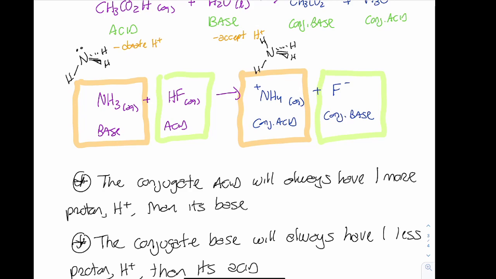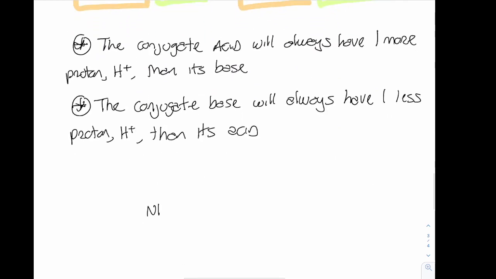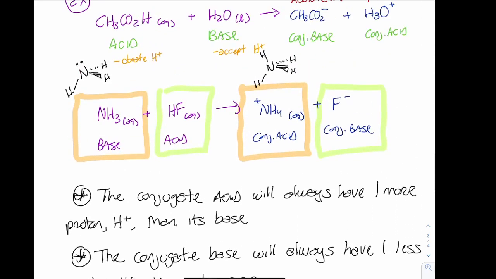So if I gave you NH3 and ammonium ions, NH4 plus, and asked which is the base and which is the acid, the acid always has one more proton, so NH4 plus has to be the acid component and NH3 the base component. But you could also look at their structures. This one has a pair of electrons that can bond to a hydrogen ion. This one doesn't, so it can't accept a proton, and it can't possibly be my base. So that's another way to analyze the two.